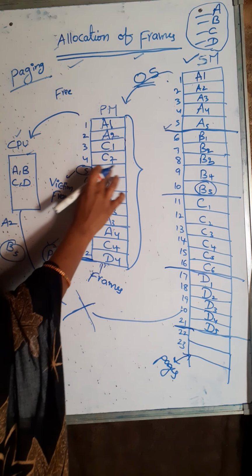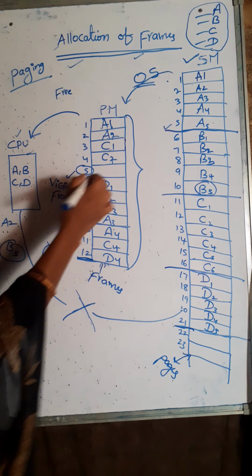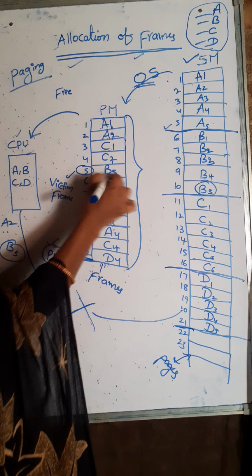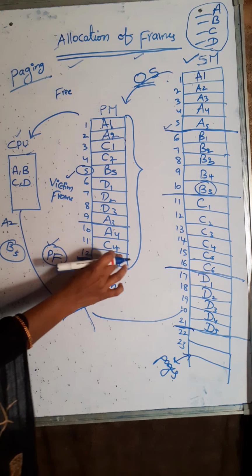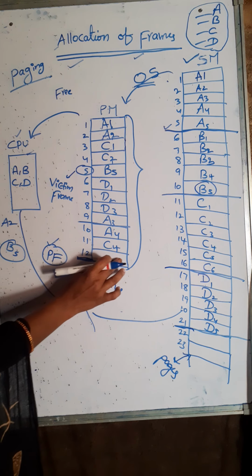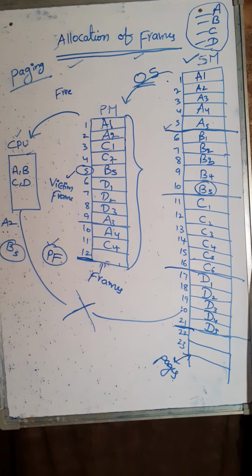So I have deallocated memory space for this one, and I have allocated memory space for B5. Like that we will allocate frames for the processes. And after some time, if D4 has finished its execution, then we can deallocate memory space for D4. So in this way we can allocate the memory and we can deallocate the memory.